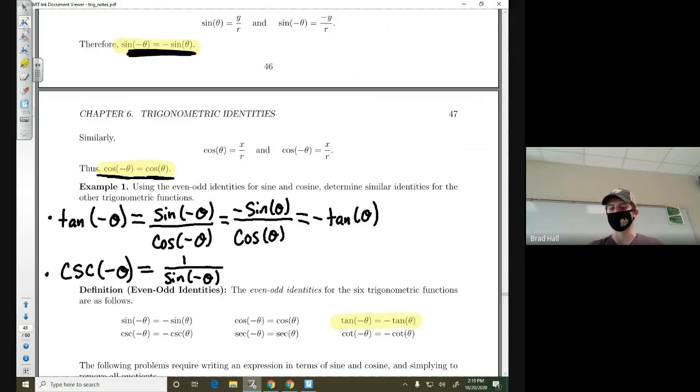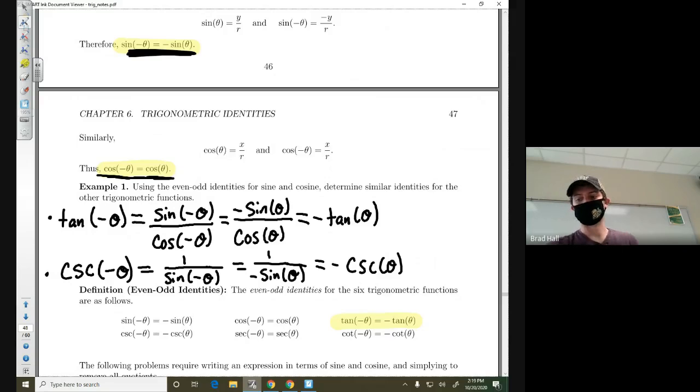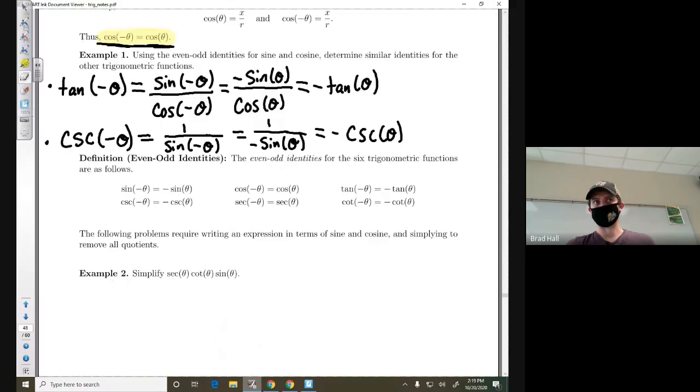But hey, we know what happens to sine. It means we bring the negative sign out. And then the negative comes out, while 1 over sine goes right back to cosecant, but now with the theta by itself. As you all probably have noticed by now, the formulas are just right below.